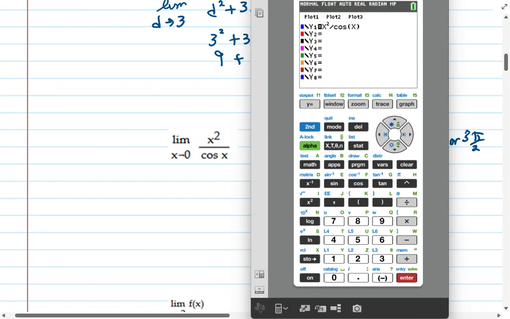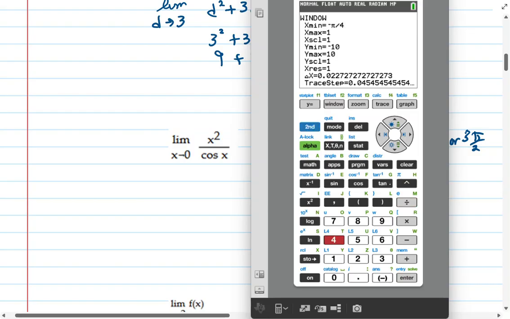And we would do our function, because we have x going into some kind of large numbers, and we're going to say our window, because we're talking about 0, maybe negative pi fourths to positive pi fourths with a scale of, it doesn't matter, we're going to say 1, we just want it open.